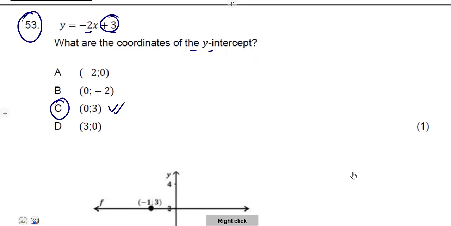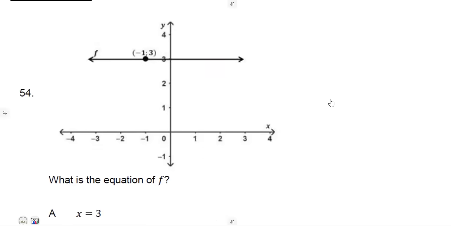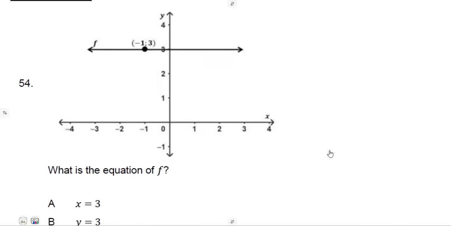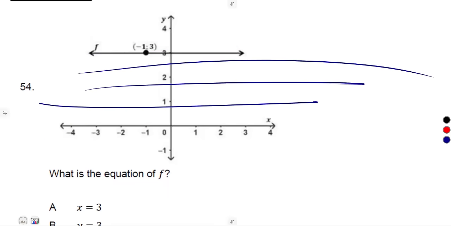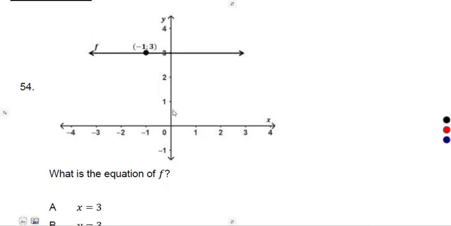Let's see question 54. From this, what is the equation of f? This is our f, a line that is parallel to the x-axis. Remember, for all these lines, y is equal to the value of y at the point where it crosses the y-axis, just like this one, y is equal to 0.